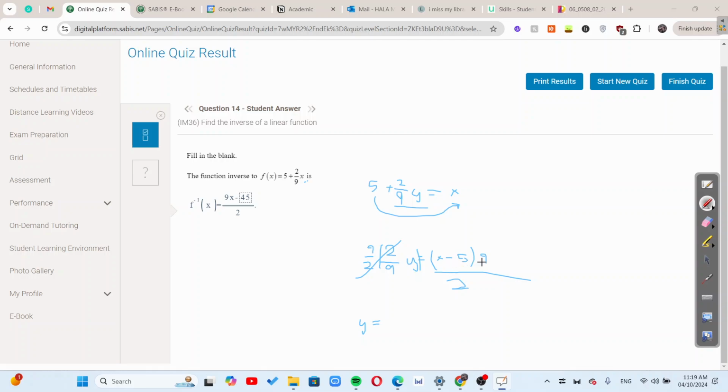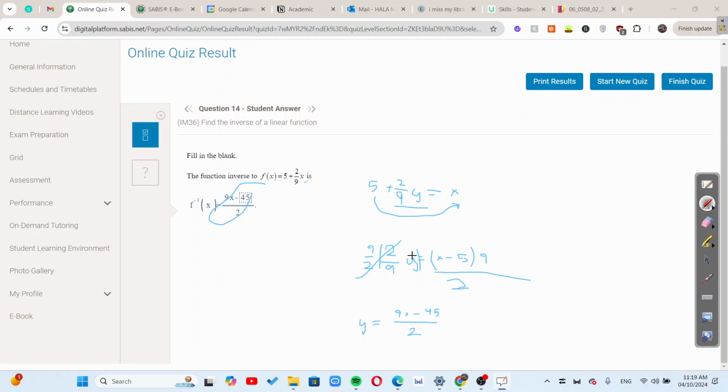But now we need to distribute the 9, so it's 9x minus 45 over 2. And there you have your answer.